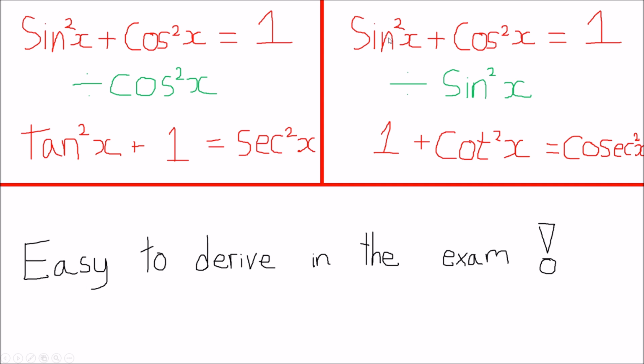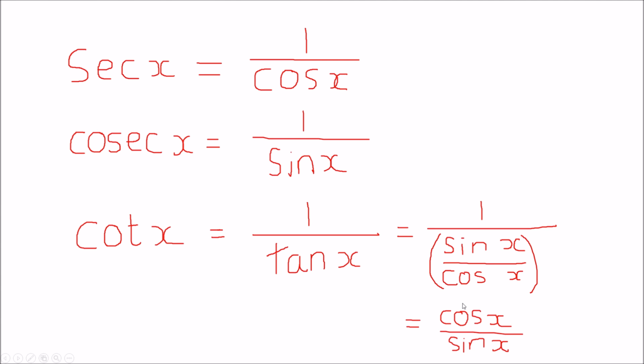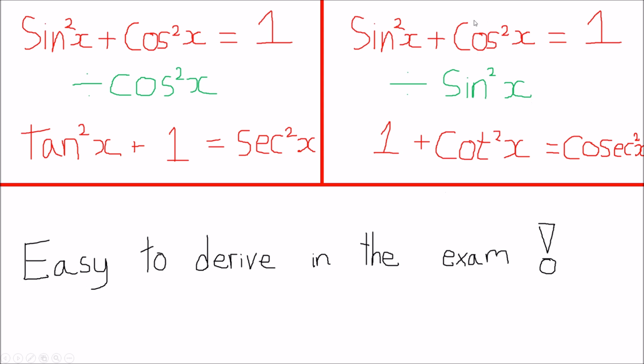If we look at this identity over here, all we've done is, instead of dividing by cos squared x, we're dividing by sin squared x. So here we have sin squared x over sin squared x, which gives us 1. We have cos squared x divided by sin squared x, and we know that cos x over sin x is cot x, so cos squared x over sin squared x gives us cot squared x, because we're squaring everything.